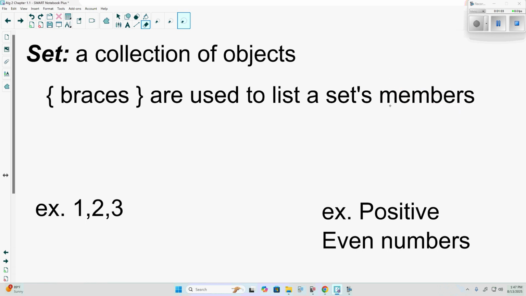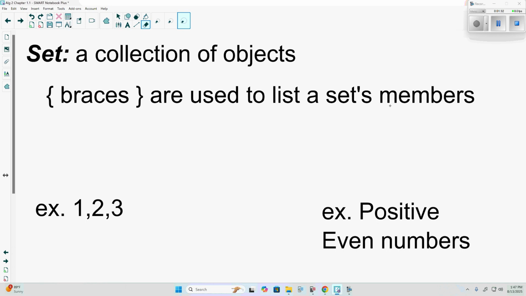So we use braces and put the set's members inside the braces. So a set is just a collection of objects. That's all a set is. You can have a set of darts, a set of cards, a set of numbers. It is just a group or a collection of objects.